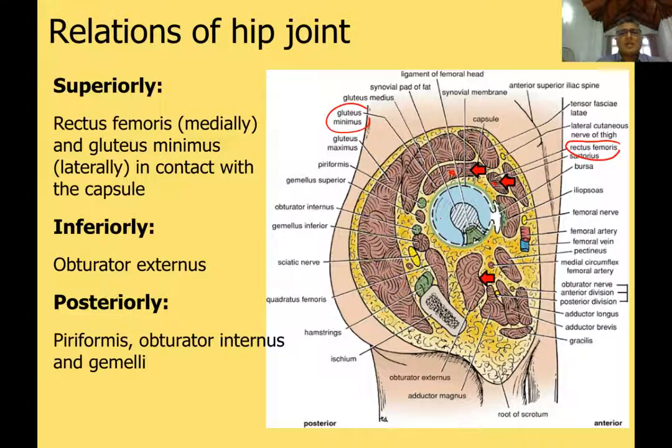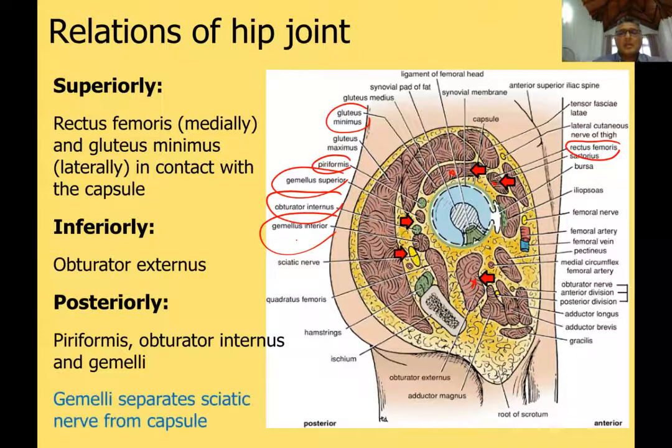Then inferiorly lies the obturator externus muscle. Posteriorly lies the piriformis. Then you get the gemelli muscles and the obturator internus muscle: obturator internus, and superior and inferior gemelli. The sciatic nerve is separated from the joint capsule by the gemelli muscles, the inferior gemellus in this case.